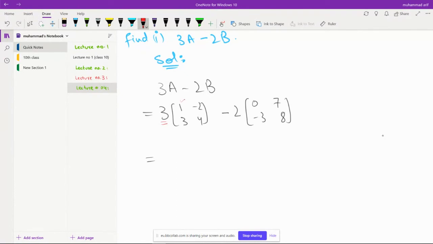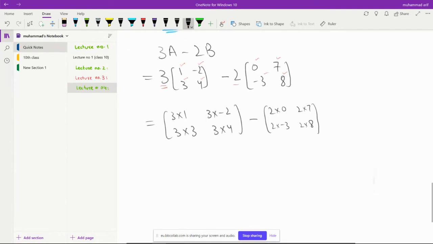This 3 is multiplied with 1, with -2, with 3 and with 4. It becomes 3 into 1, 3 into -2, 3 into 3, 3 into 4. And next this 2 is multiplied with every entry of the matrix B, which becomes 2 into 0, 2 into 7, 2 into -3, 2 into 8.